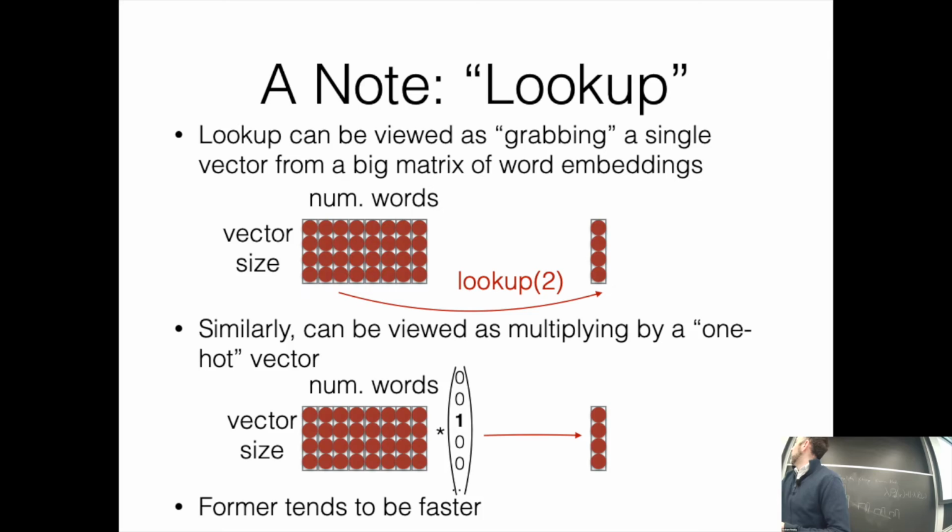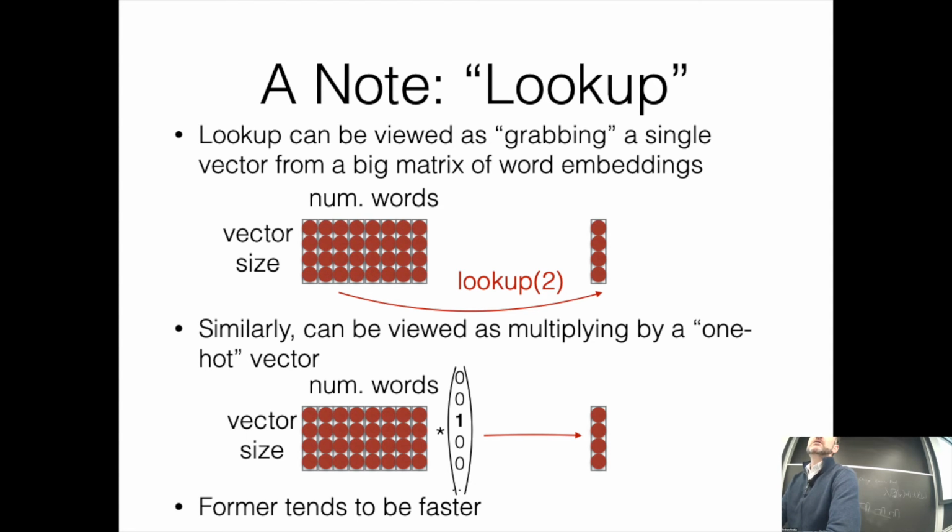So one thing that I should mention is I showed a contrast between the bag of words, the one hot representations here, and the dense representations here, and I used this lookup operation for both of them. And this lookup operation actually can be viewed as grabbing a single vector from a big matrix of word embeddings.